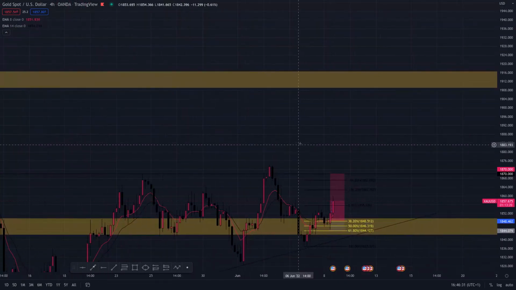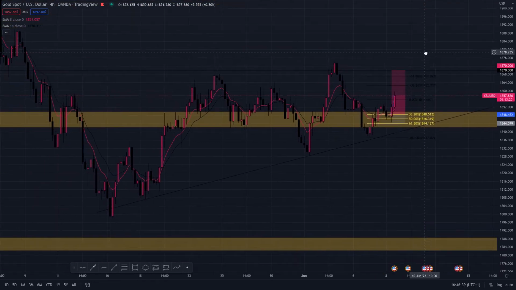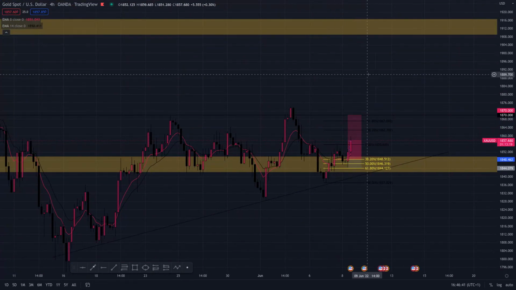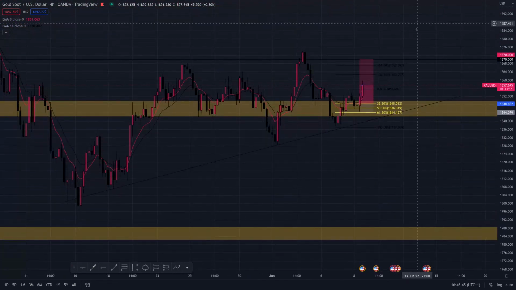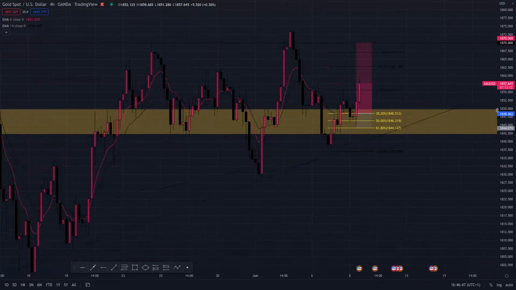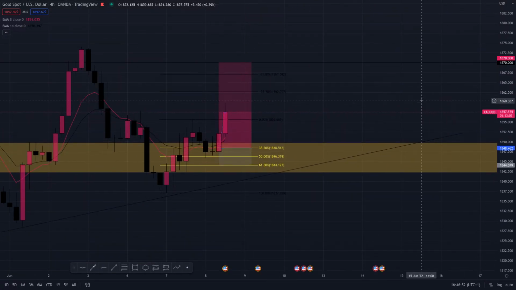As price rejects this zone, it's now going to travel up, and it may continue traveling all the way up. I don't see a reason for it to go somewhere in the middle here and then all the way back down and break below. But at the moment, take profit makes sense at 1870 for me.